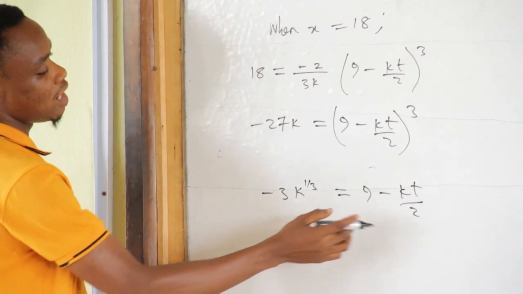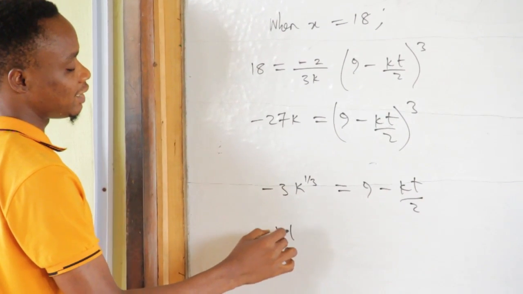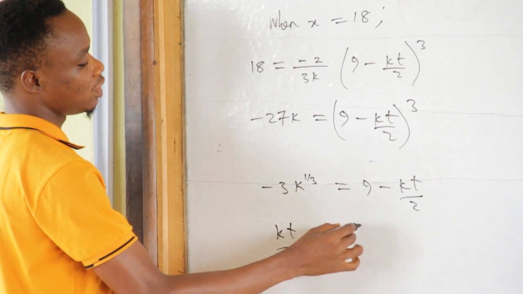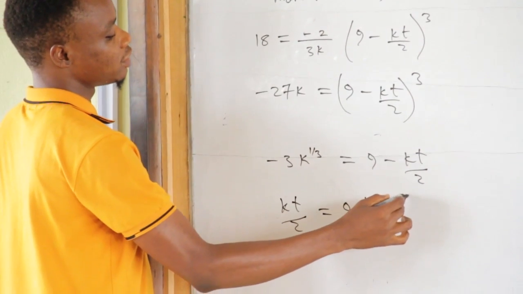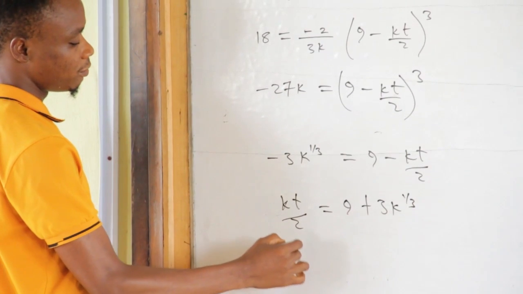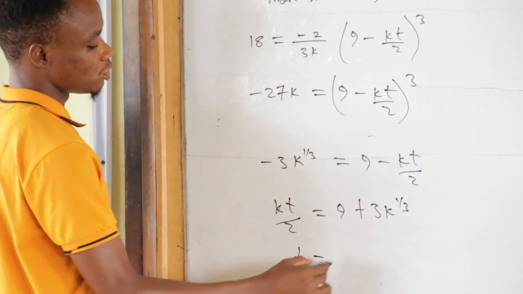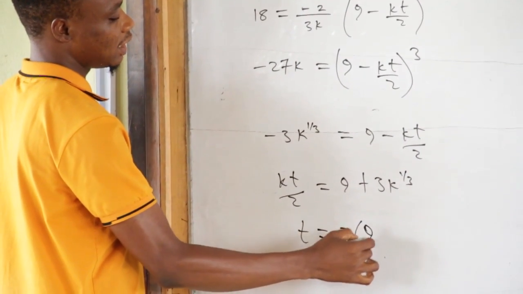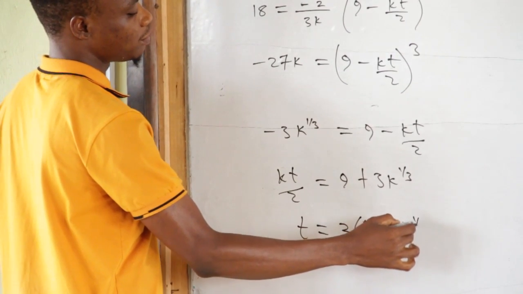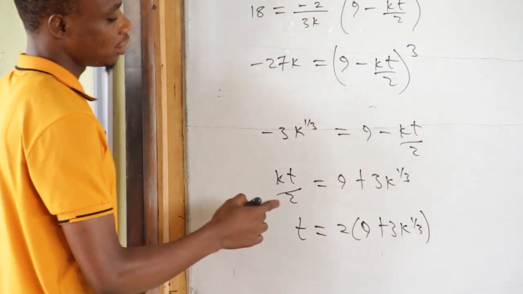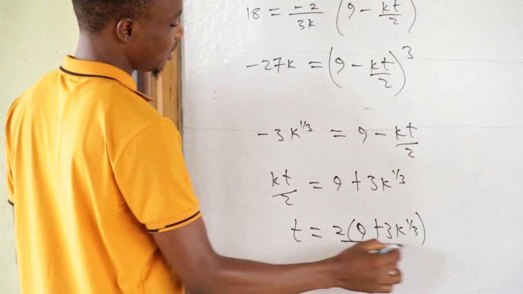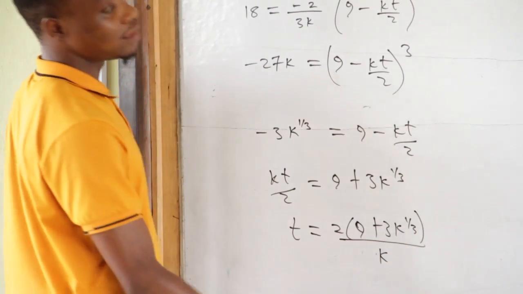So with this, I'm going to have kt over 2 equal to 9 plus 3k raised to the power 1 over 3. From here, I'm going to have t equal to 2 into 9 plus 3k raised to the power 1 over 3, all divided by k. That's t in terms of k.